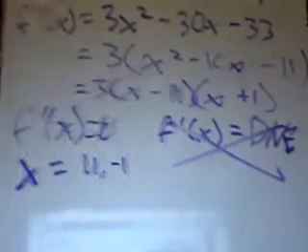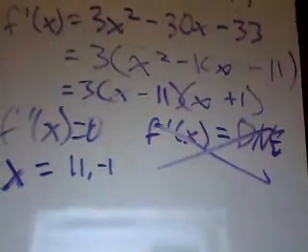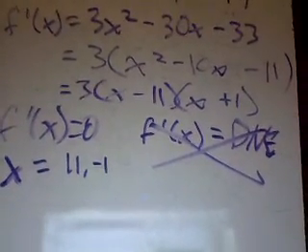And then you have to also see if it doesn't exist anywhere, in which case it wouldn't have any relative max or min, it would just have a critical point there. And since it's a polynomial, it exists everywhere, so we don't have to worry about it not existing anywhere.